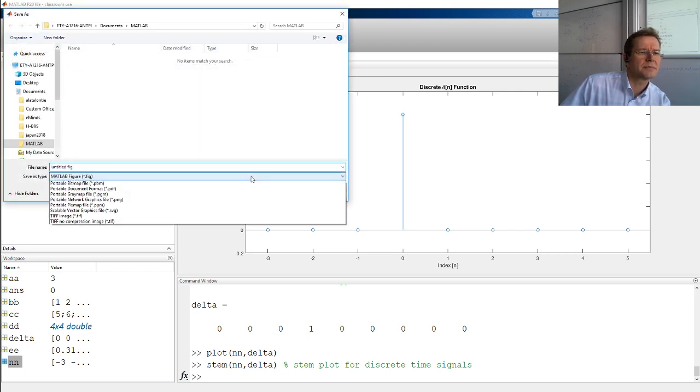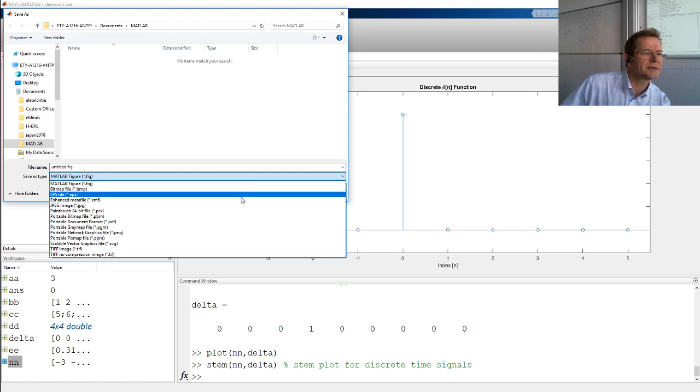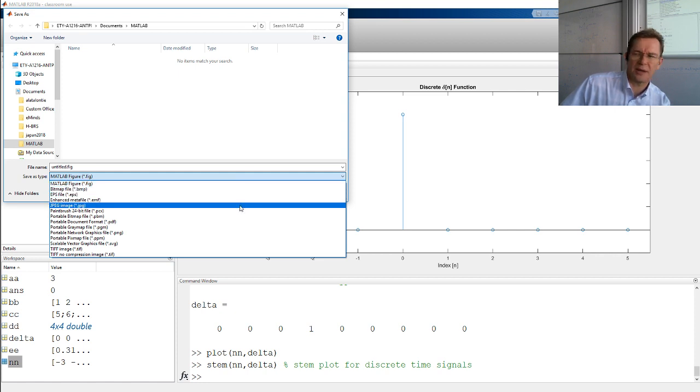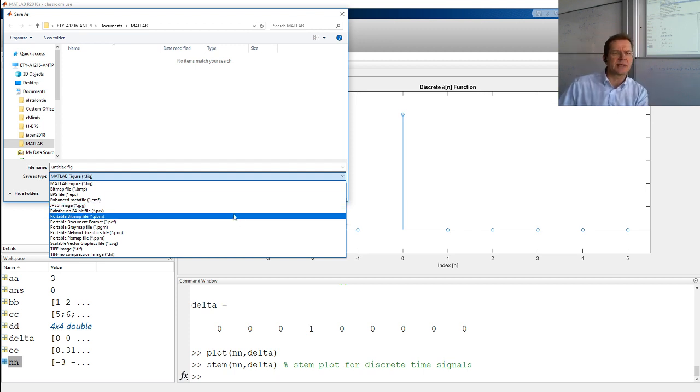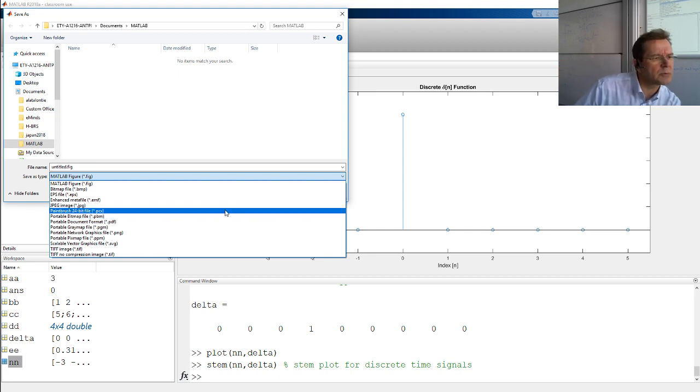All right, not as a MATLAB figure, but JPEG or PNG, portable network graphics. That might be the best way of saving this, since JPEG is always losing some data. GIF is actually good, but I don't think that we have GIF anymore in here. No, because GIF is not free anymore.